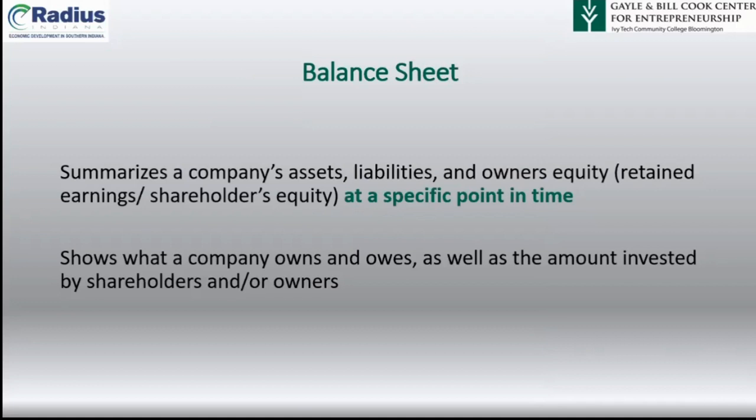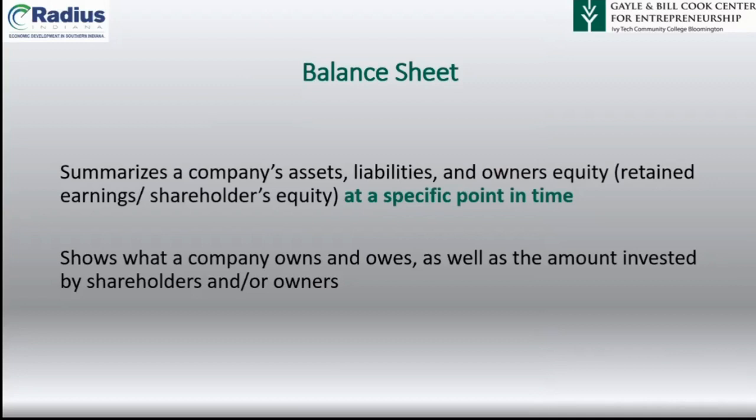So my paycheck is coming in on the income statement and all my expenses are going out on my income statement. But my balance sheet is showing the amount of money that I have in my bank account as of today, because it's going to change. I looked at it this morning and it's going to change tonight when some of the things that I set to pay clear the bank. So it's a specific period of time.